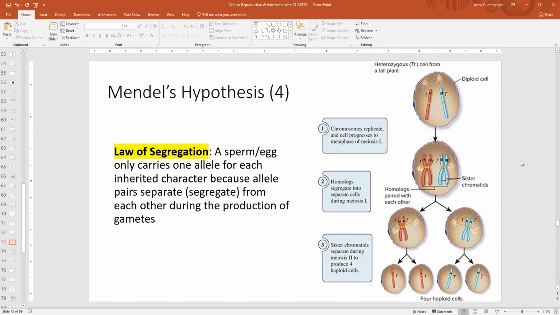Because of crossing over, if you look at the right side of the figure, you see the 2 haploid cells that have the blue chromosome, and on the left you see the 2 haploid cells that contain the red chromosome.